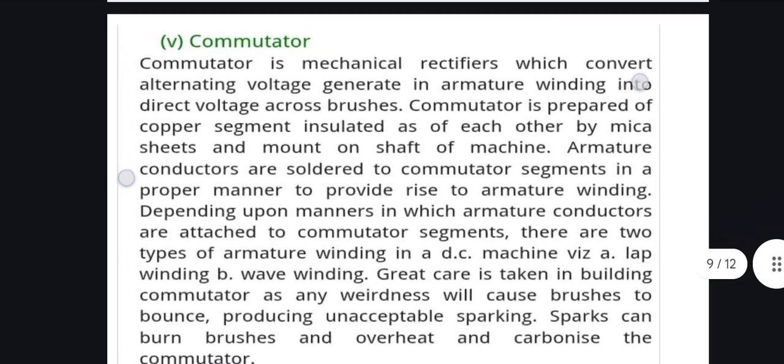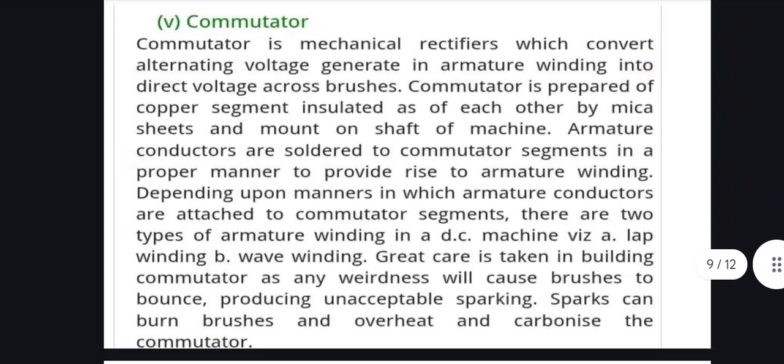After that, let's move to the commutator. The commutator is a mechanical rectifier which converts the alternating voltage generated in the armature winding into direct voltage across the brushes. The commutator is made of copper segments insulated from each other by mica sheets and mounted on the shaft of the machine. Armature conductors are soldered to commutator segments in a proper manner to give rise to the armature winding.